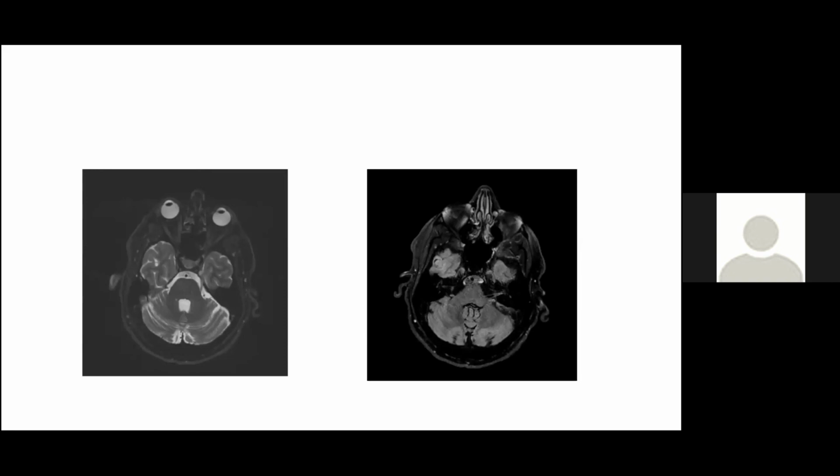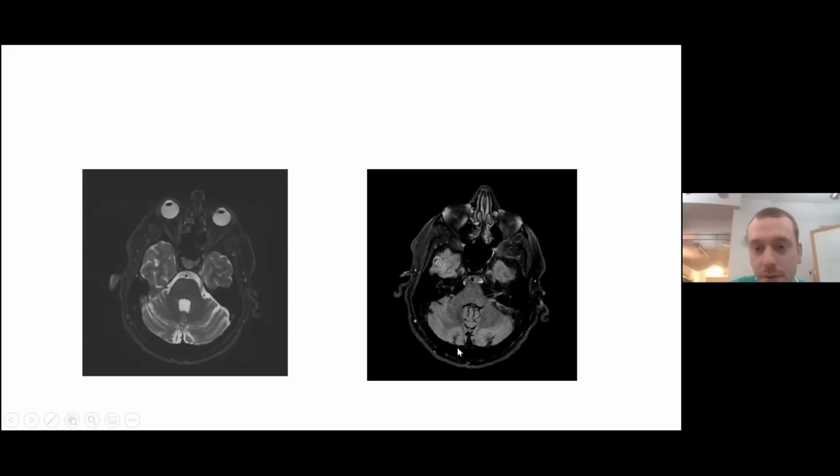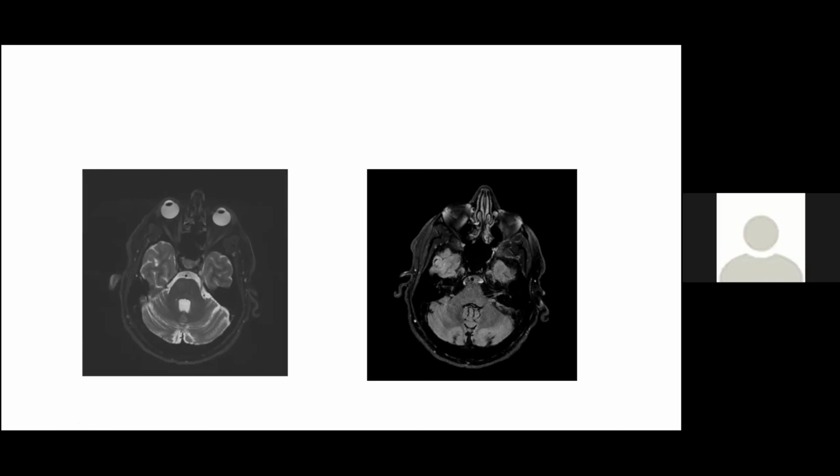Is that the scan on the right? That's a FLAIR. Okay. Yeah, so some FLAIR abnormality right in the anterior temporal lobe.